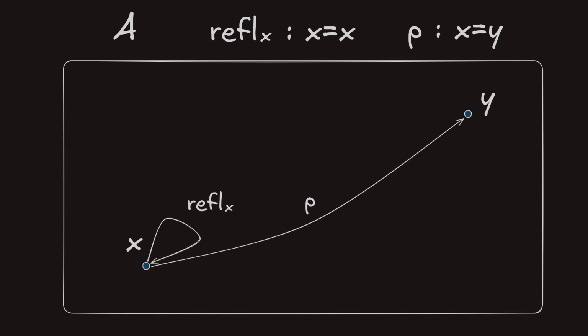Suppose we did have a path P demonstrating that x is equal to y. How do we then show that there's a path P inverse from y to x? Let's express this as a function type.